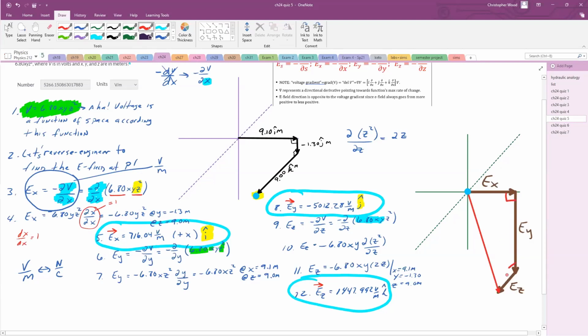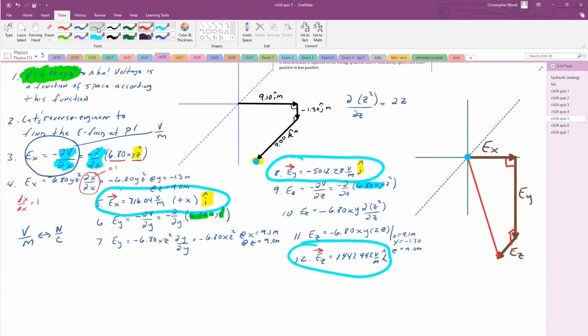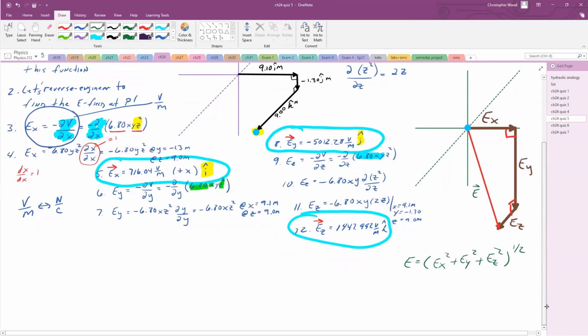That's perpendicular, that's perpendicular. So I can say the net electric field E at that point that Probert is occupying is just going to equal the square root of Ex squared plus Ey squared plus Ez squared. Okay, and we have all of these values stored in the calculator, although I don't think I stored mine, I should have. But let's use Pythagorean theorem.